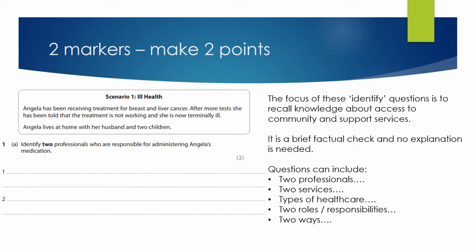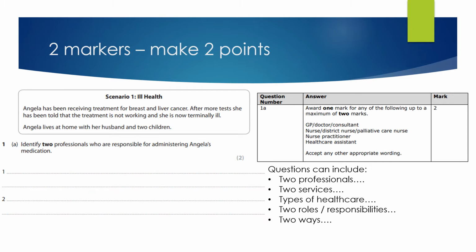So for this example, the people we could use, looking at the mark scheme, would be GP, doctor, consultant, nurse, district nurse, palliative care nurse, nurse practitioner, healthcare assistant. Basically, you can put anyone who would be providing care. A Macmillan nurse could be a good example. And because of it, it's just literally identifying.